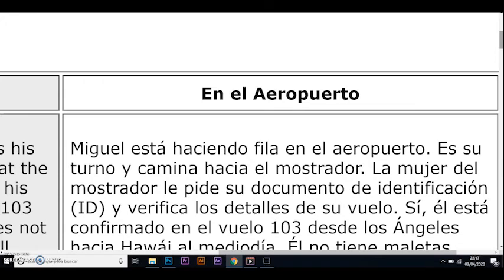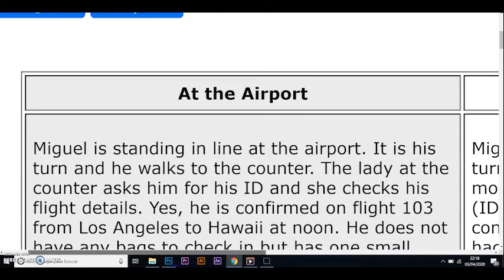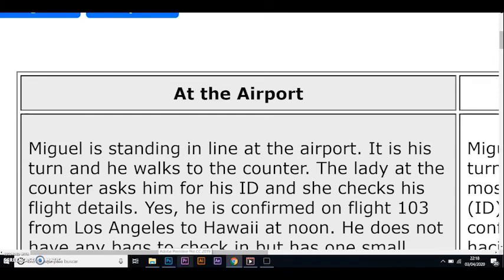I recommend you continue reading the story at home, and think about your own airport situation, not like Miguel's, but how was your visit to the airport, and how was it with the flight attendants in the flight. If you fly to some places, I recommend you start writing about your experience flying and going to the airport.